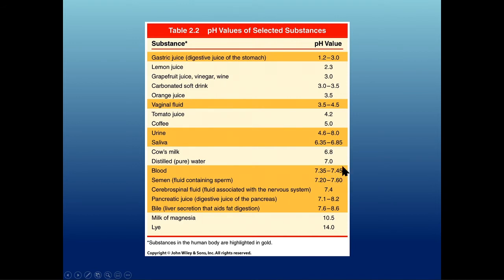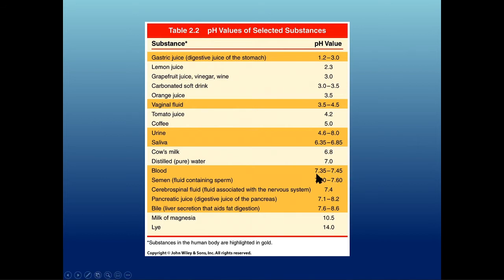And the same thing, if it got too basic, if it had too much stuff in it, too many electrolytes, too many other ions and stuff that was making it more basic, then that would be a problem as well. So blood, I want you to commit to memory this figure. The other one, that's really the only one that I want you to commit as far as number-wise.